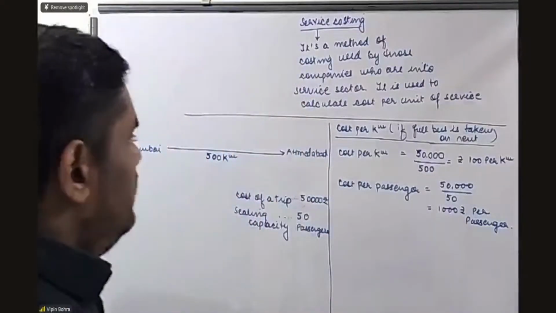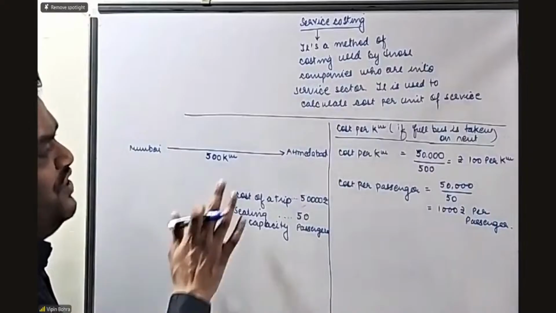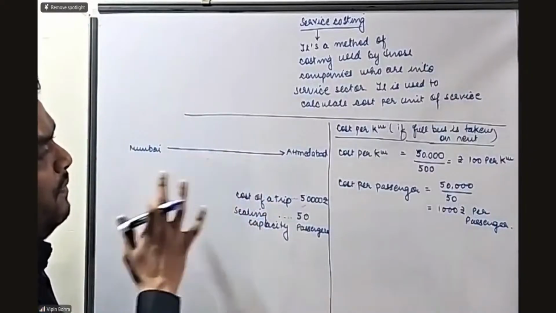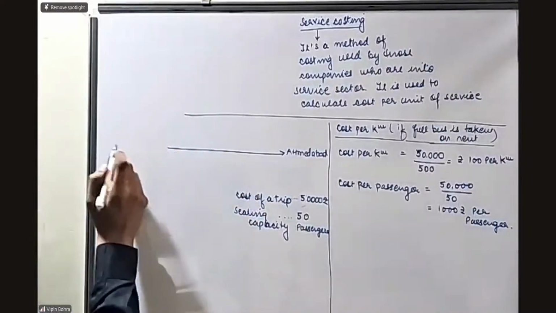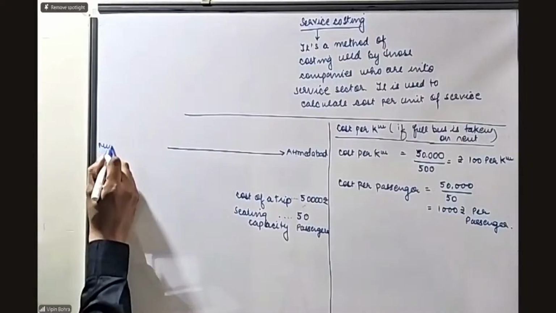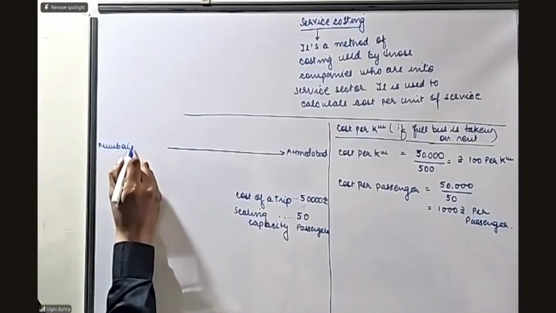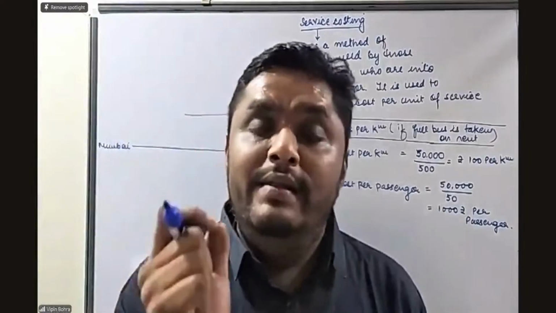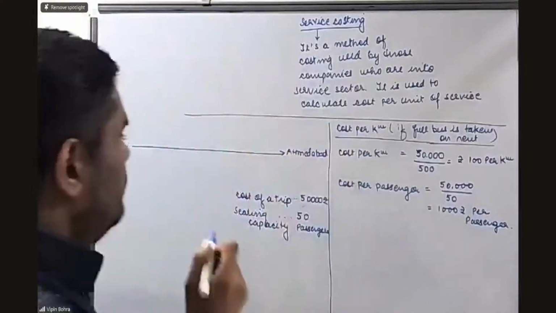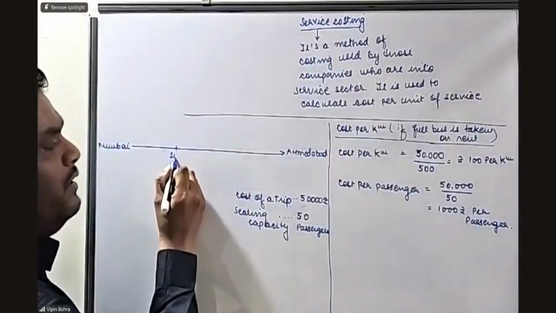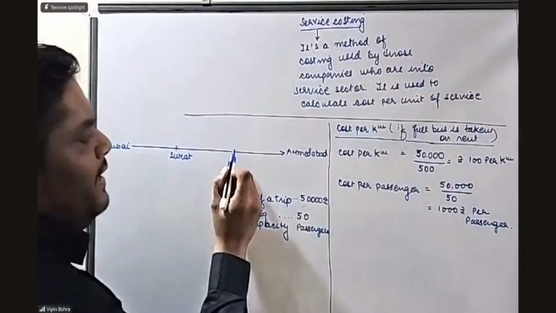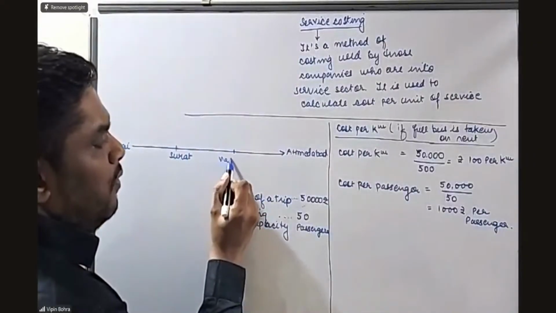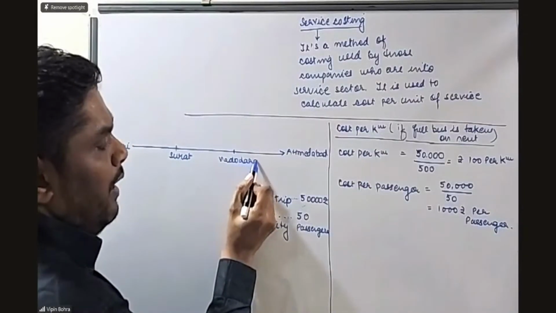Now, let's take a different situation, the more practical situation, wherein the bus is traveling from Mumbai to Ahmedabad and there are halts. The first halt is Surat, then Vadodara, and then Ahmedabad.